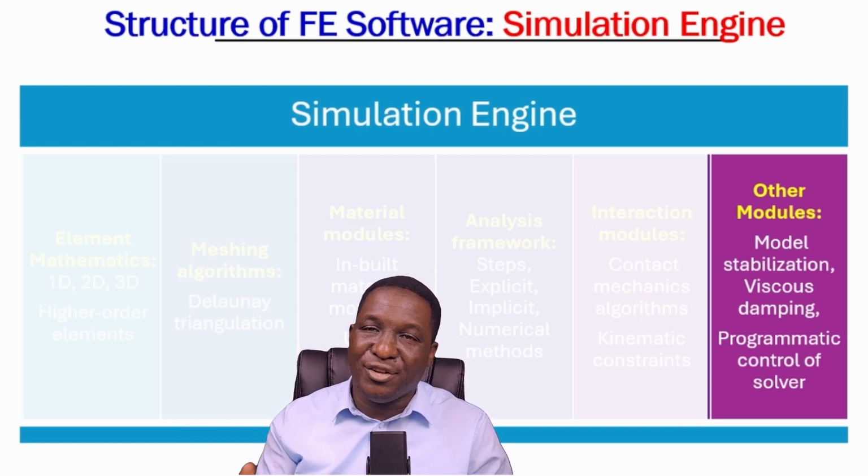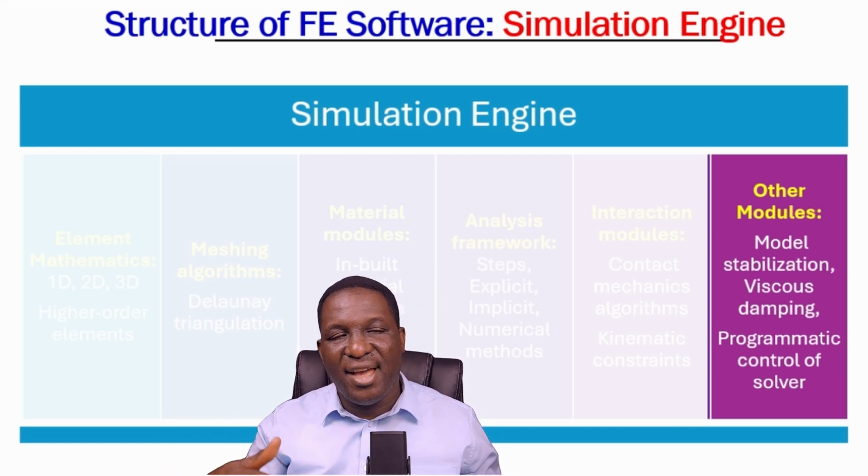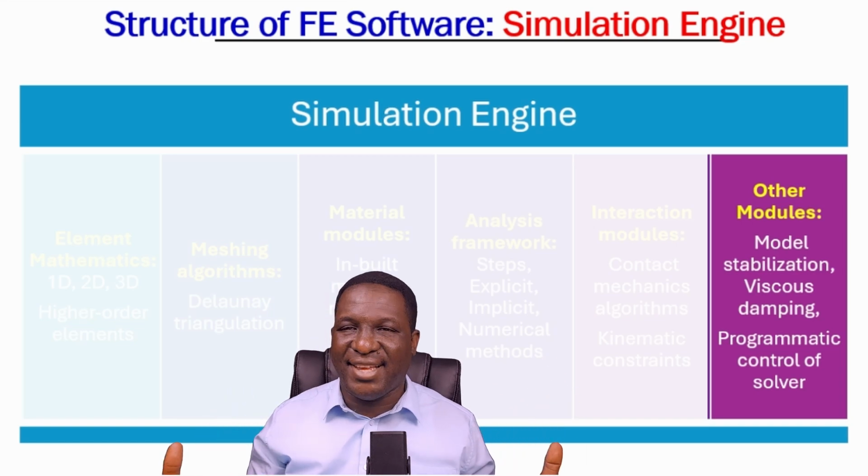If you find that your result is not converging, the damage is excessive, you can mass scale the model. Mass scaling is simply a model stabilization approach. It's not a physical framework, it's quite artificial, but it does help manage the extreme dynamic energy developed in the system during the simulation.